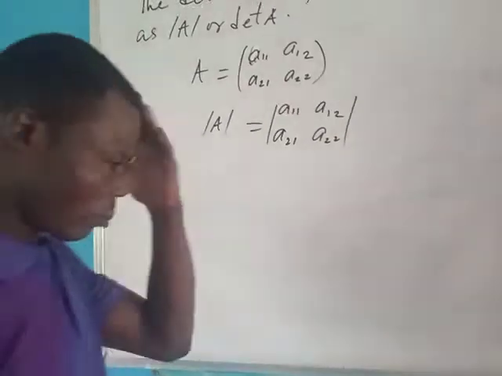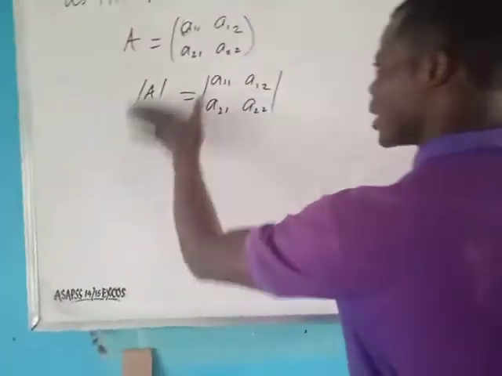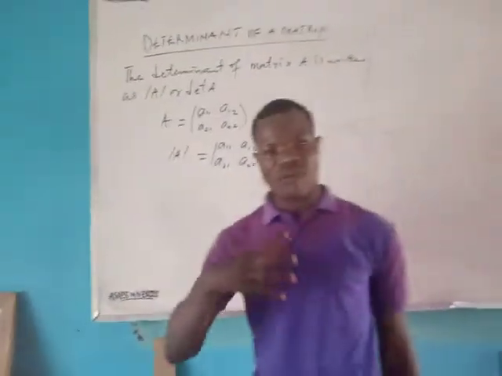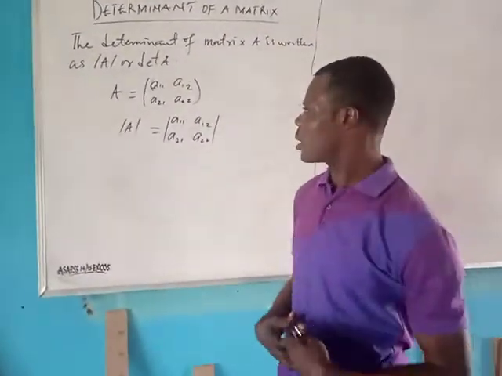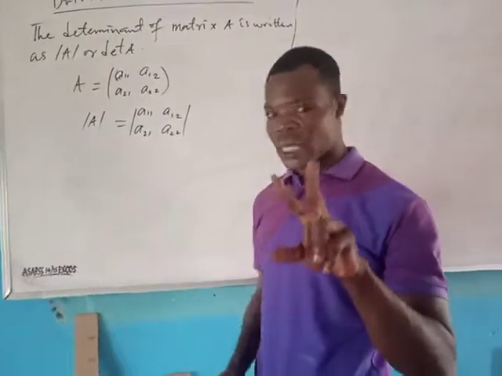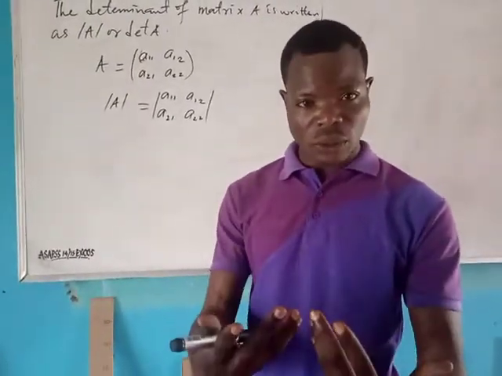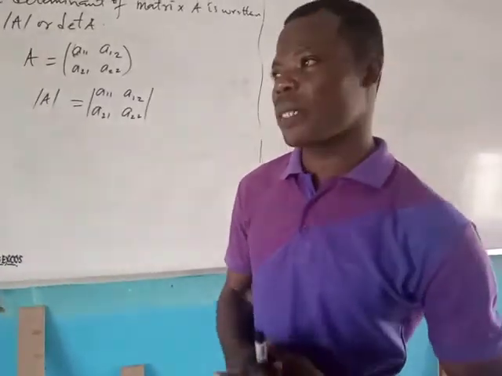So now, if the determinant of any matrix is written as this, how do we find this determinant? We have so many methods which you can use to find the determinant of any given matrix.